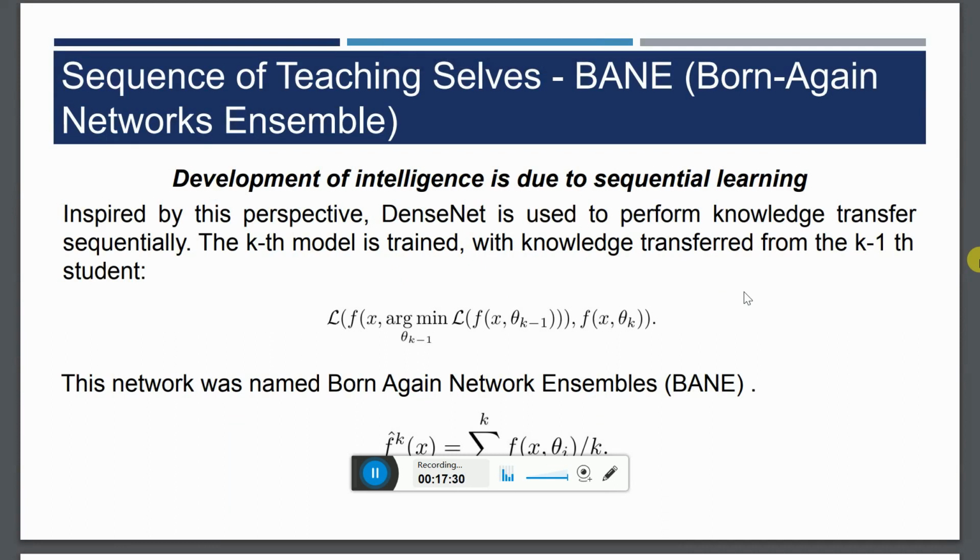The K-th model is trained with the knowledge transferred from the K-1 student or model. So the loss function will turn out to be this, and the fitting function will be shown below. The fitting function is simply an average of all the K BAN models.